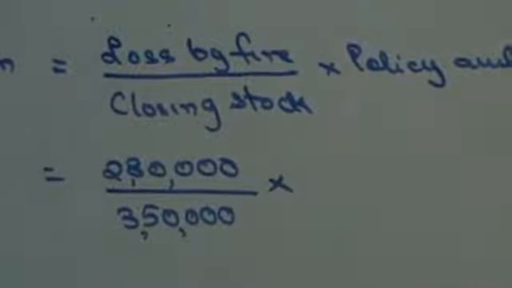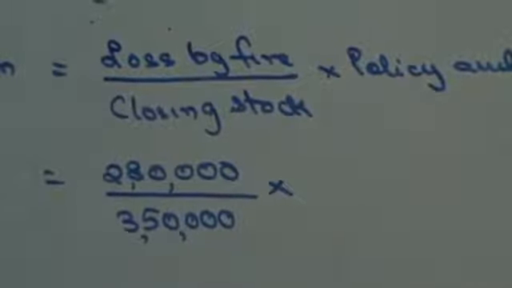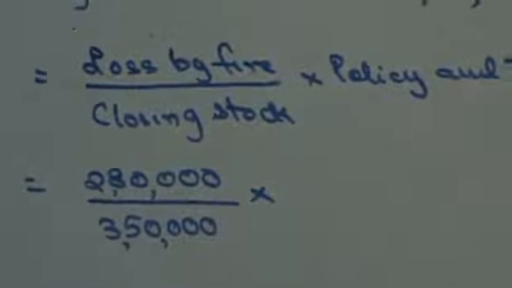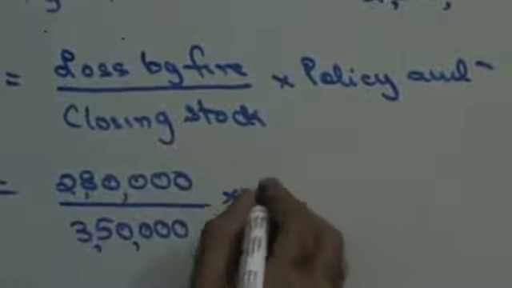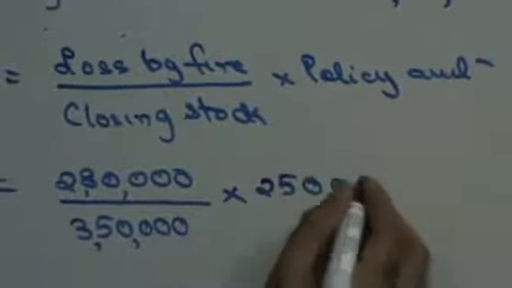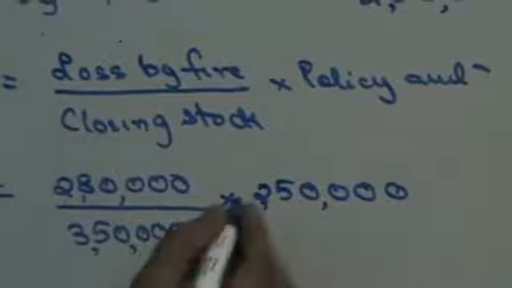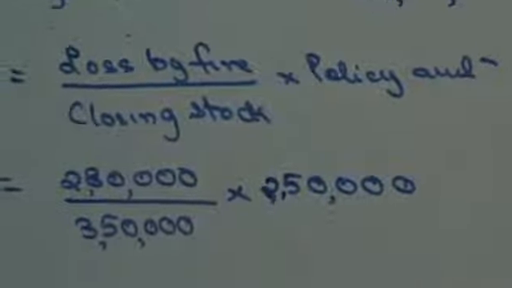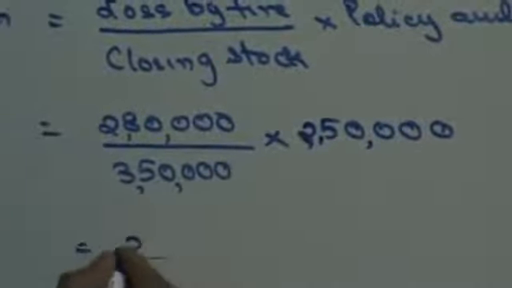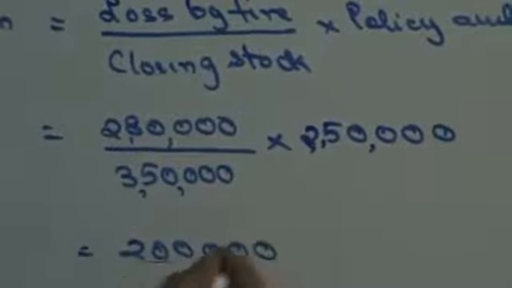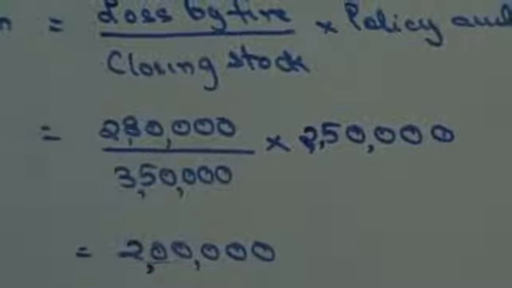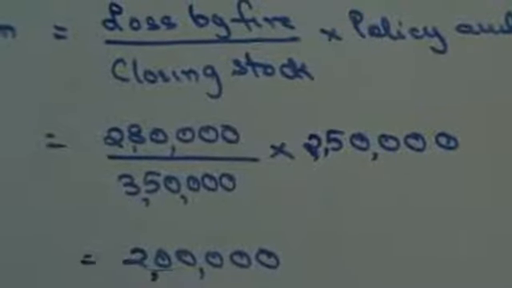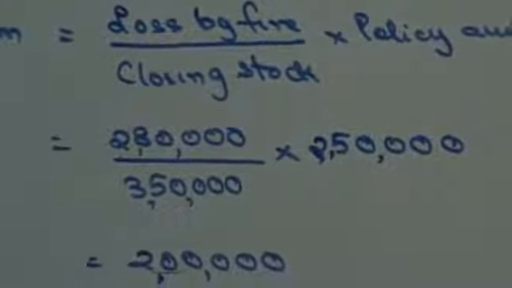Policy amount is given to you as 2,50,000. Fine. When you simplify this, you should get 2 lakhs. So the insurance claim that you will get will be 2 lakh rupees. Fine, do we get this in clear?